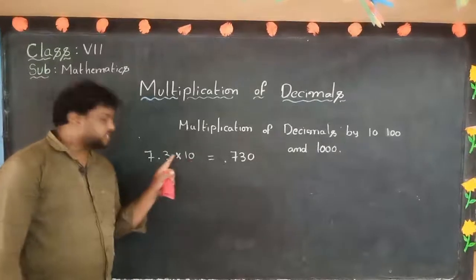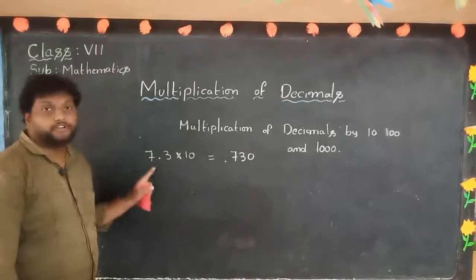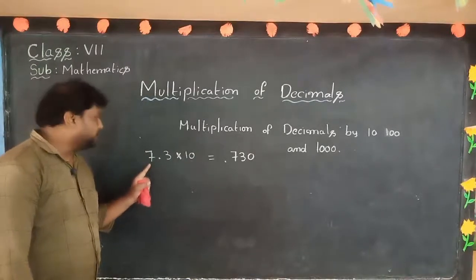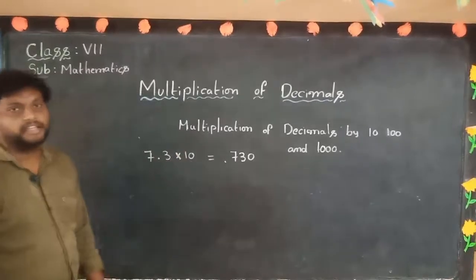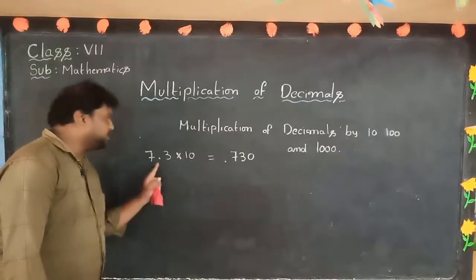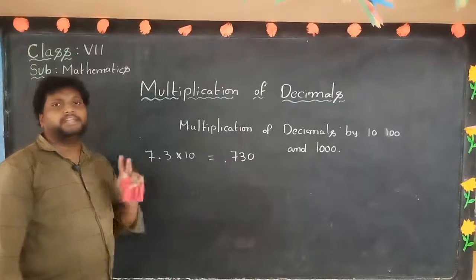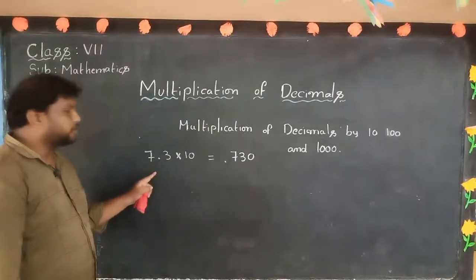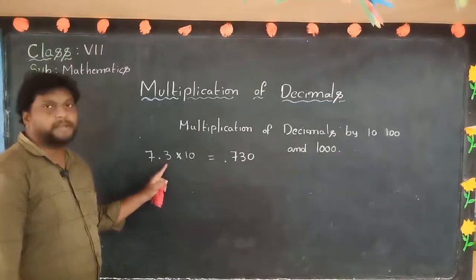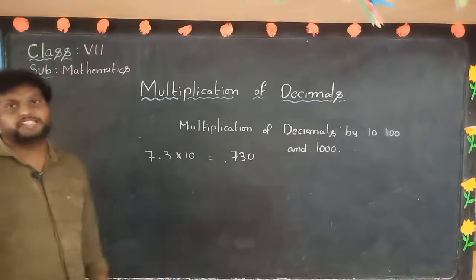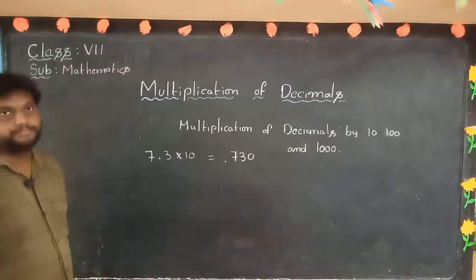First of all, ignore the point. 73 times 10 is 730. See here, in the first term we have only one digit in the decimal part. In the second term there is no decimal part.